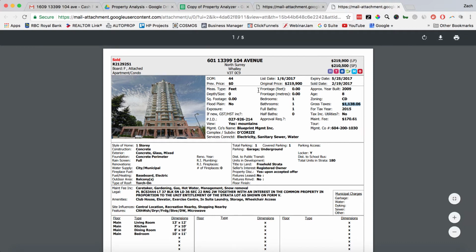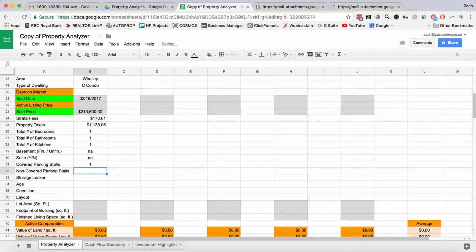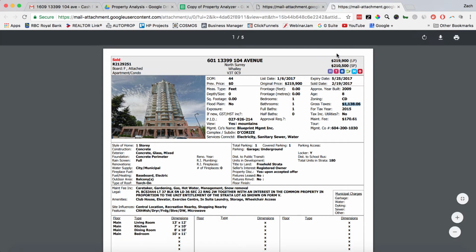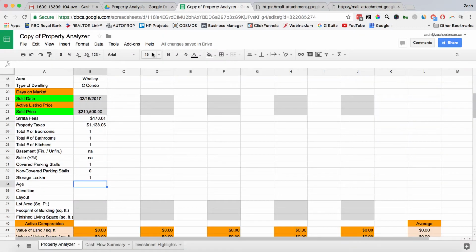One parking and a storage locker. This building is 8 years old. Not sure about the condition, and the layout is a 1 bedroom.